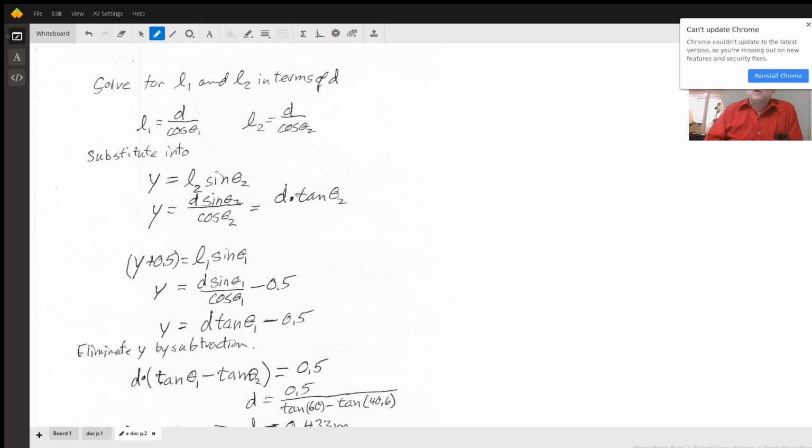So when we go to the second two equations, we substitute in for L1 and L2. Y is equal to L2 times sine of theta 2. Y is equal to D sine of theta 2 divided by cosine of theta 2, and that's equal to D times the tangent of theta 2.